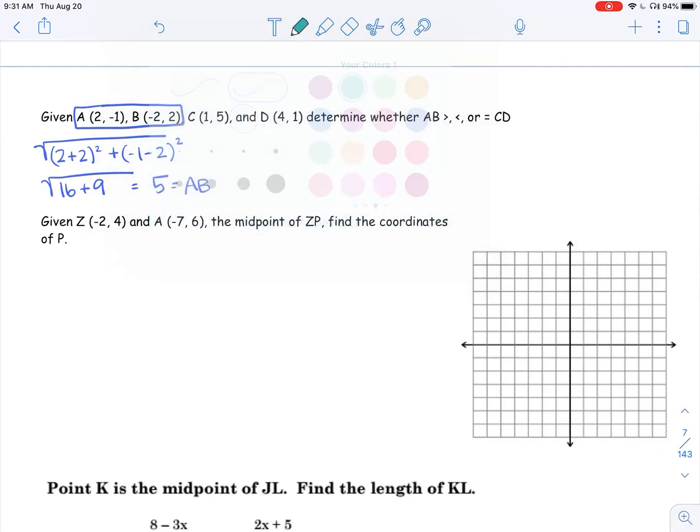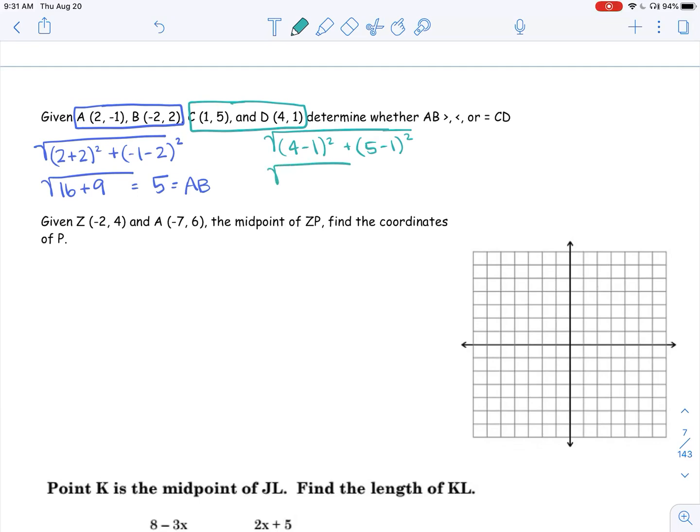And then if we want to look at the length of CD, we're going to do the same thing. Let's see. For my x's, I have 4 minus 1 squared plus 5 minus 1 squared. I just flipped those around so I could use positives instead of negatives.